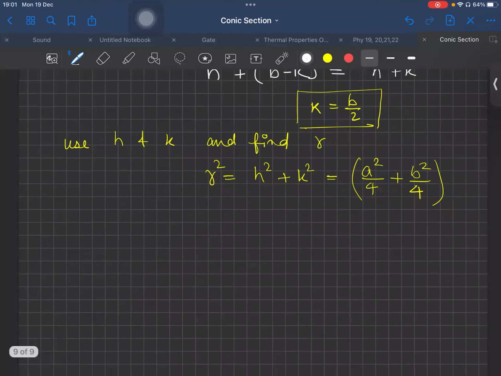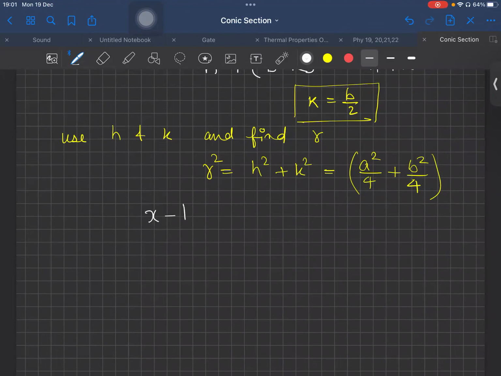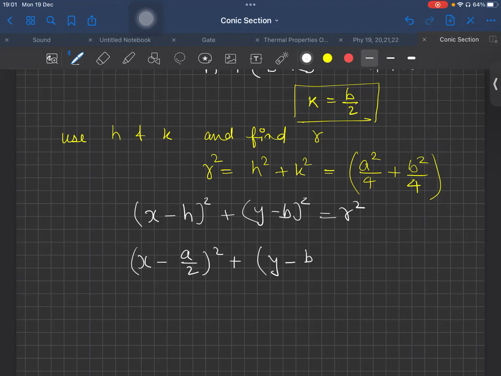Now find the equation of the circle. So the general equation is (x minus h) whole square plus (y minus k) whole square is equal to r square. Now x minus h, h is a by 2, square, plus (y minus b by 2) whole square is equal to r square. r square we already got, a square by 4 plus b square by 4.